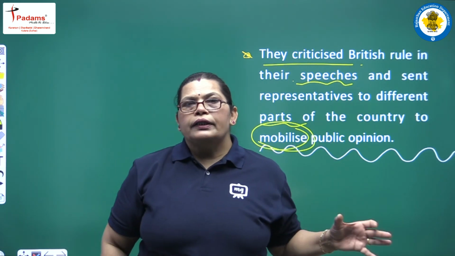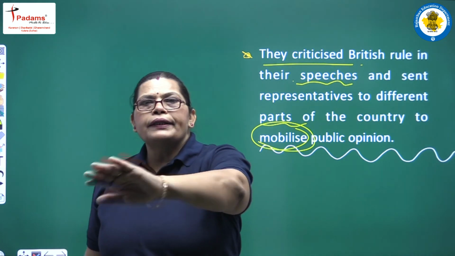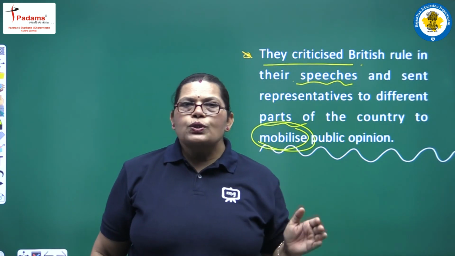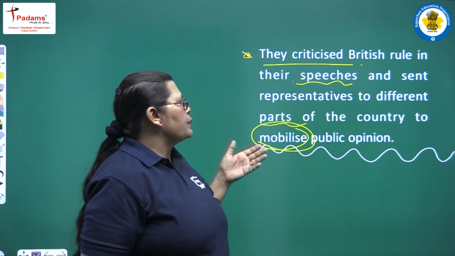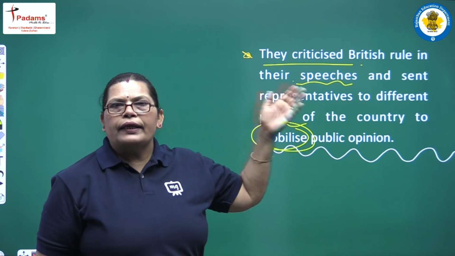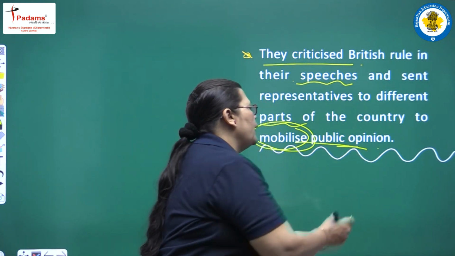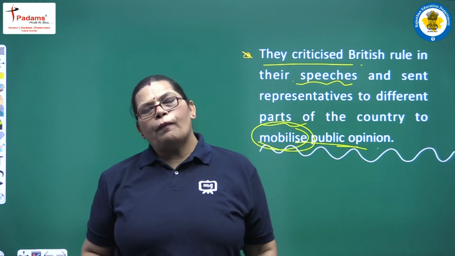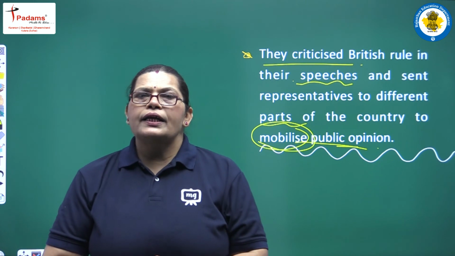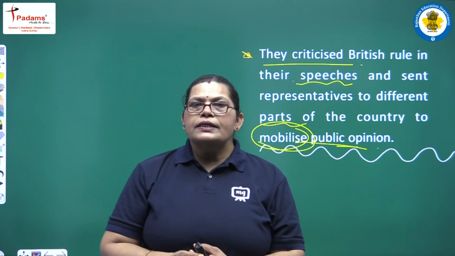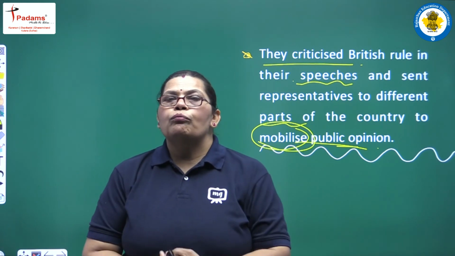These people already knew that the whole public was not aware at that time, so many of the representatives went from one place to another in our country to mobilize public opinion. So many issues were raised by these moderate leaders, and many things happened for the Indian national movement.